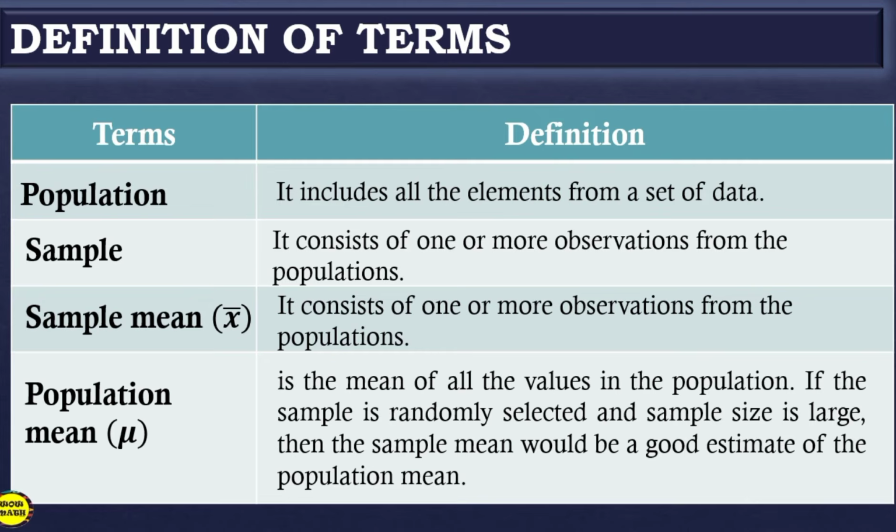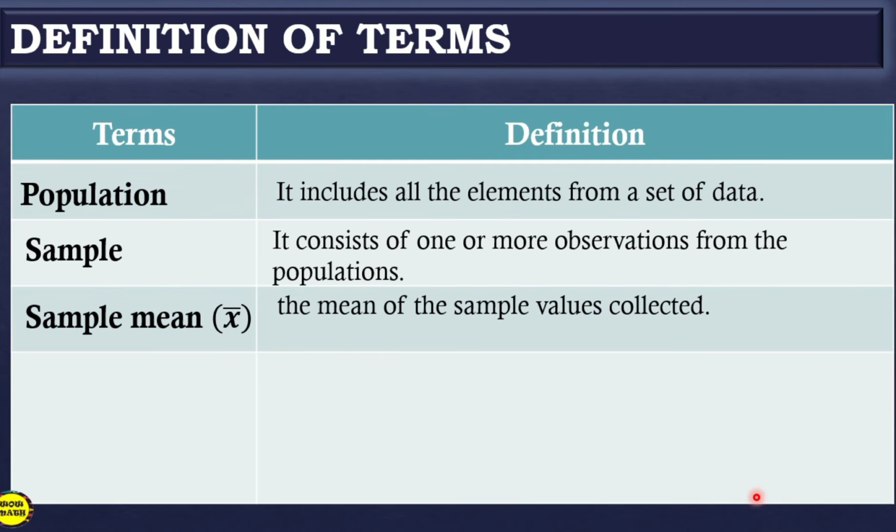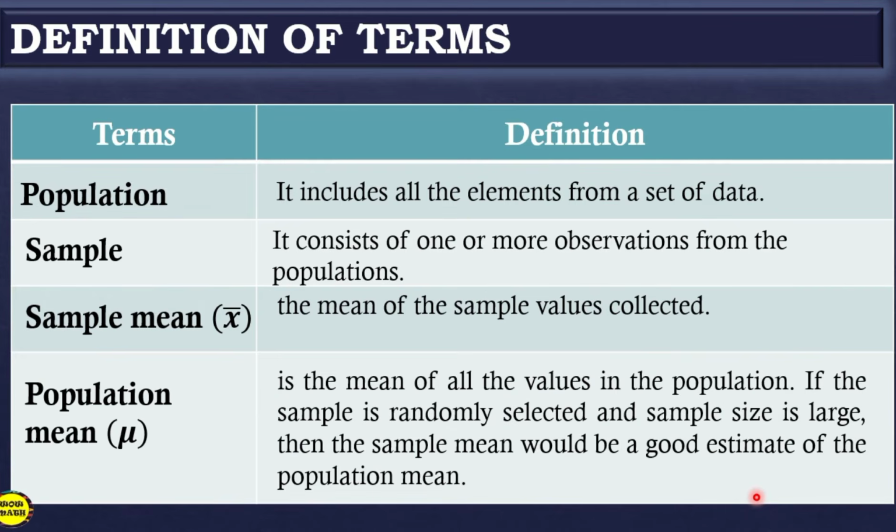So again, the sample mean is the mean of the sample values collected, and the population mean is the mean of all values in the population. If the sample is randomly selected and sample size is large, then the sample mean would be a good estimate of the population mean.